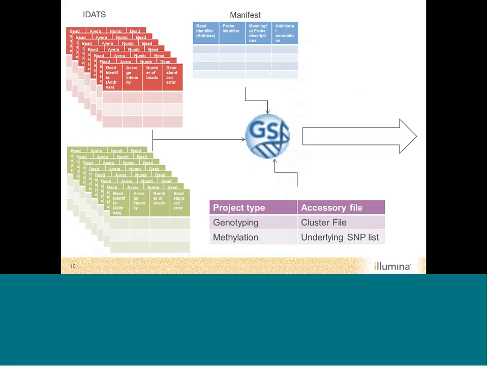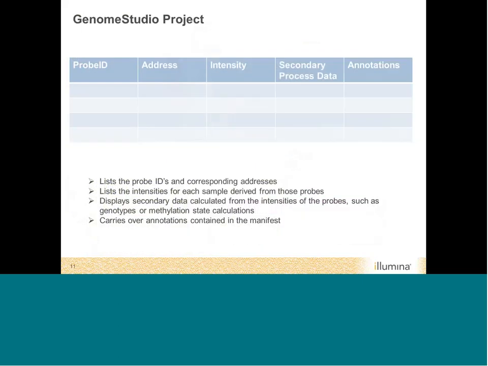Now, once the IDATs and manifests have been pulled by GenomeStudio, GenomeStudio creates a GenomeStudio project. A GenomeStudio project lists the probe IDs and the corresponding addresses. It lists the intensities for each sample derived from those probes.